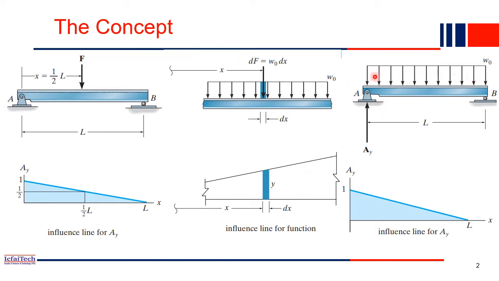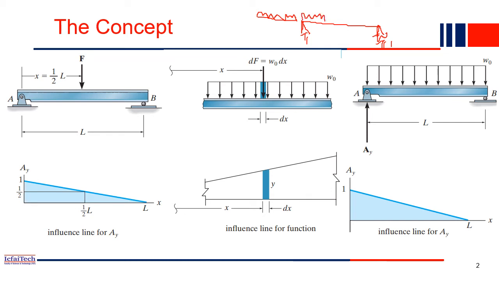You can consider this as a railway bridge, and the train load is basically a uniformly distributed load. Maybe a train is coming from here. At the beginning, maybe after 1 second, the train reaches this point.